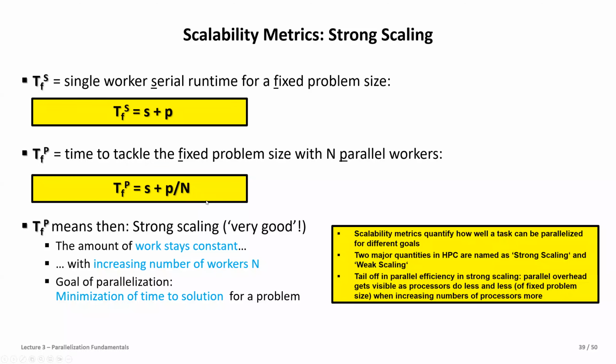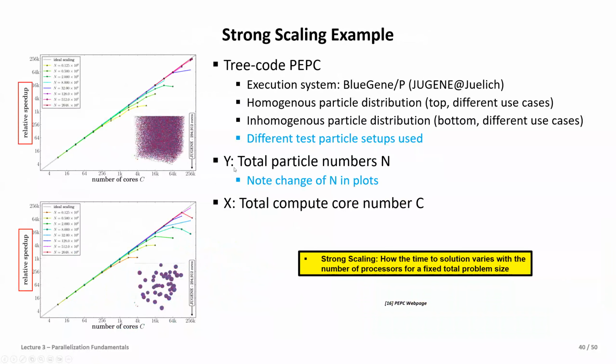I think you will also see that in the later parts on CFD simulation, there are, of course, useful limits. Here are some good examples from this tree code, where you have these two plots together showing the strong scaling example. Strong scaling, if you remember, means that for each color you see a certain number of particles, right?